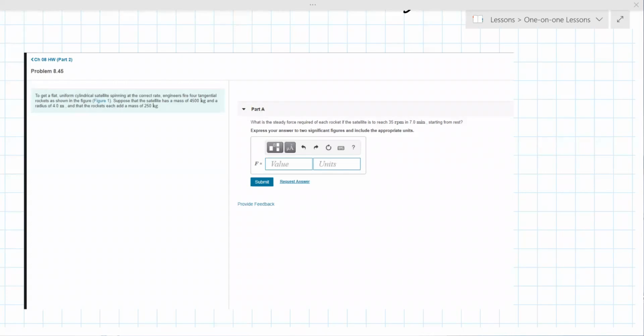So this one here, what is the steady state? 35 RPM and 7 minutes. Okay. The moment of inertia equation, how do you even know this?